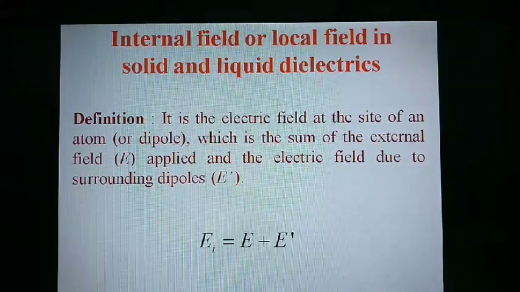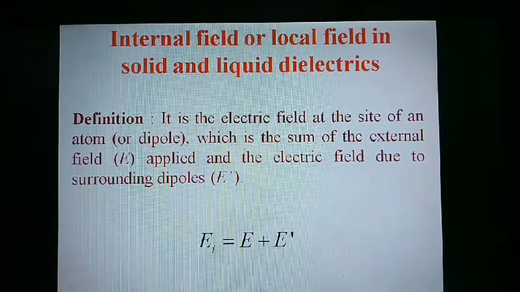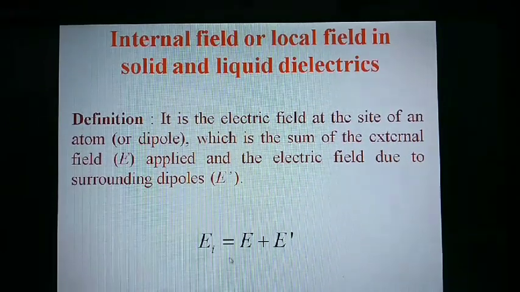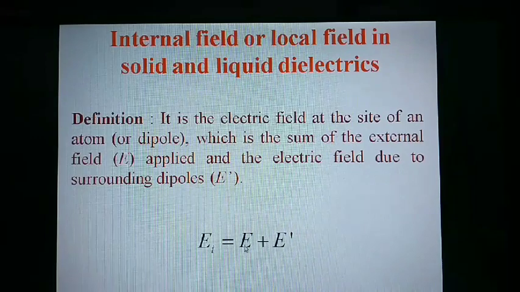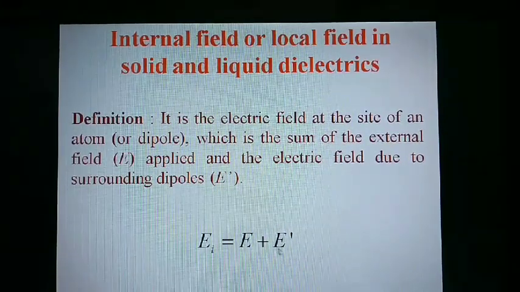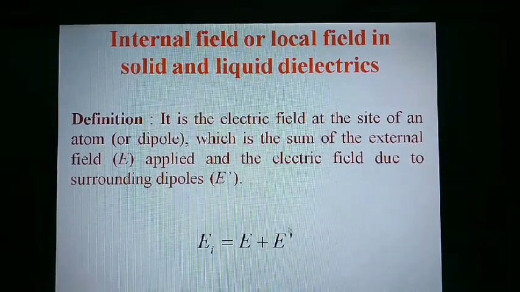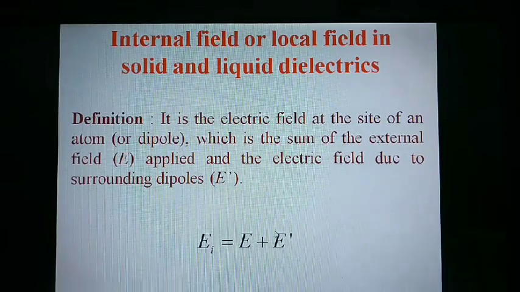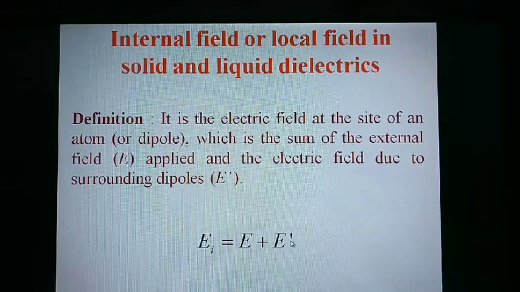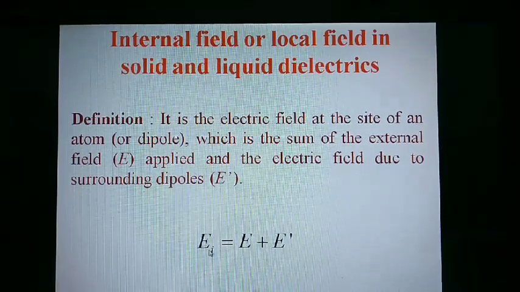So at the site of the dipole now there are two electric fields. One is the field that we have applied externally, let us take it as capital E, and the field developed by the dipoles themselves. So the total electric field, that is the sum of the external electric field capital E and this E dash, the field due to the dipoles, gives you the internal field.